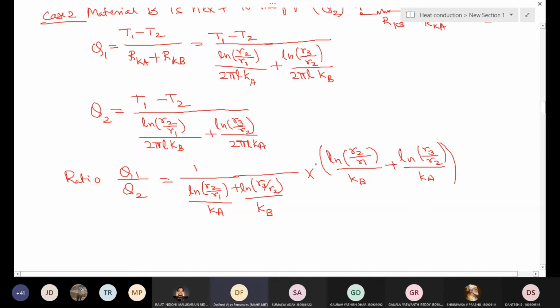So if you are confused, just tell me. Okay. This is coming from Q2 and this is from Q1. Now you can take the common denominator Ka into Kb and simplify that.